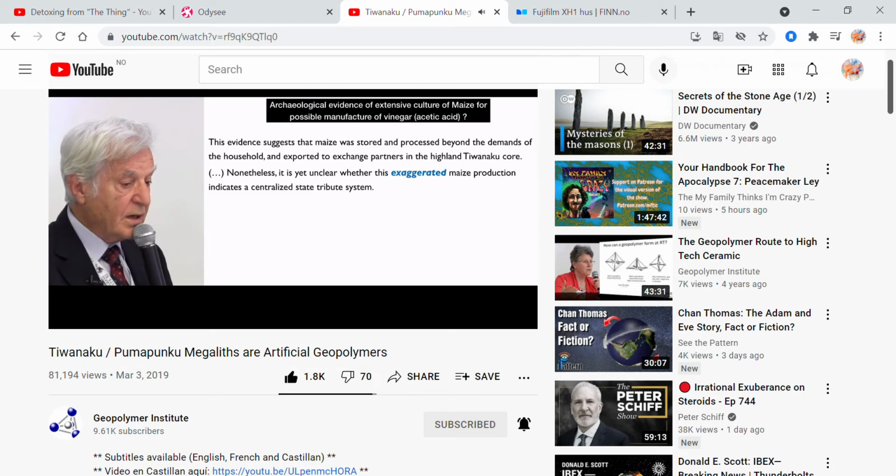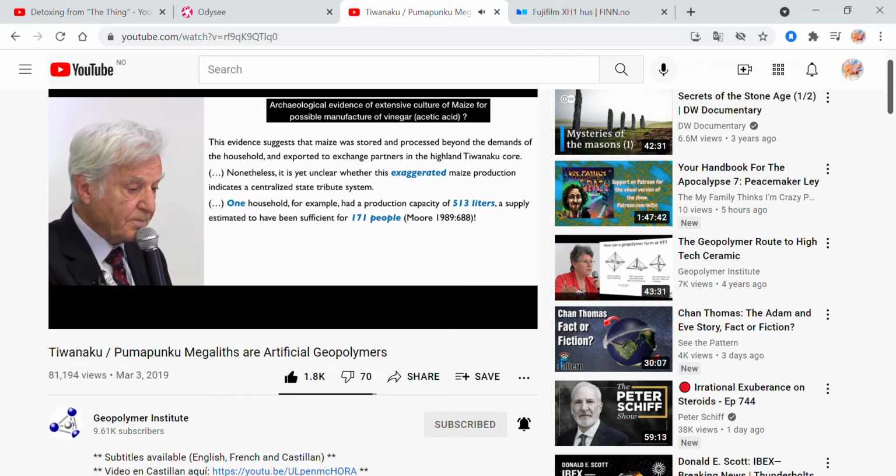Nonetheless, it is yet unclear whether this exaggerated maize production indicates a centralized state tribute system. One household, for example, had a production capacity of 513 liters, a supply estimated to have been sufficient for 171 people. So for me, it is industry.